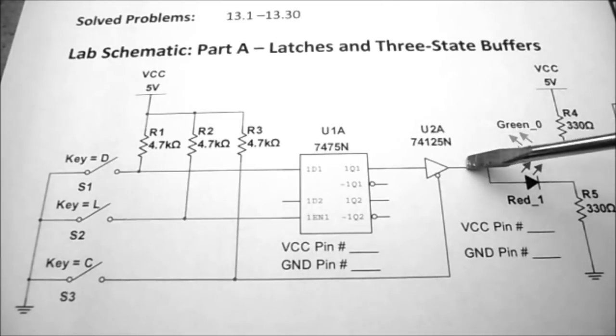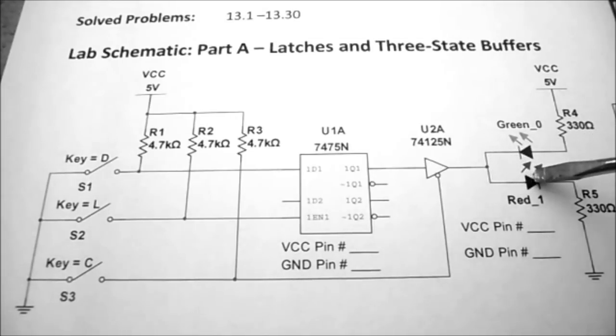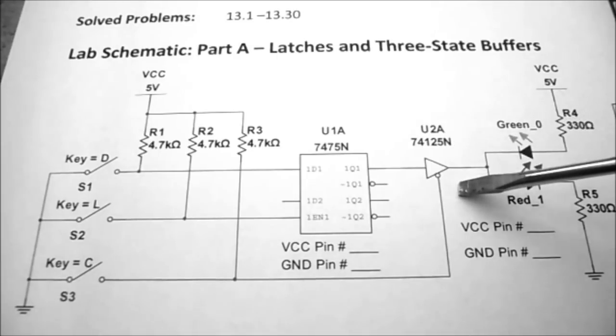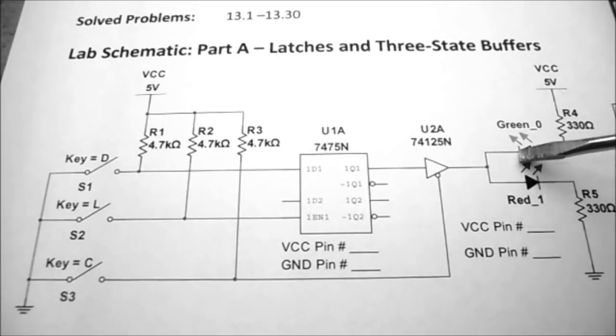If we put a logic 1 here, logic 1 should flow through the red LED through the 330 ohm to ground. So the red LED should be on, and because we have +5 on both sides of the green LED, it should be off. Now when we activate this control line, it should disconnect the 125 from our two LEDs.